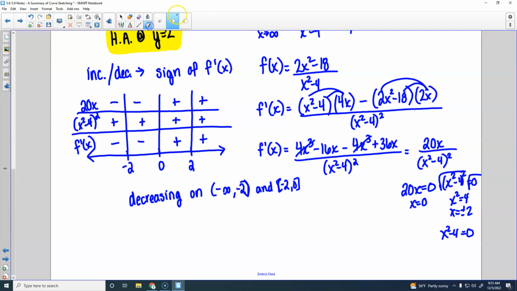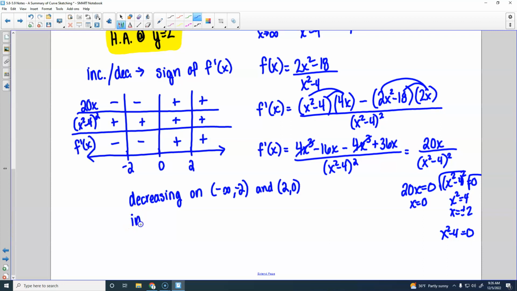Actually, no, on this one, you've got vertical asymptotes there, so let's not use brackets. The reason it needs to be broken up is because you're going to have a vertical asymptote at negative 2. So at negative 2, it's not defined, so nothing's happening there, so you wouldn't include it.